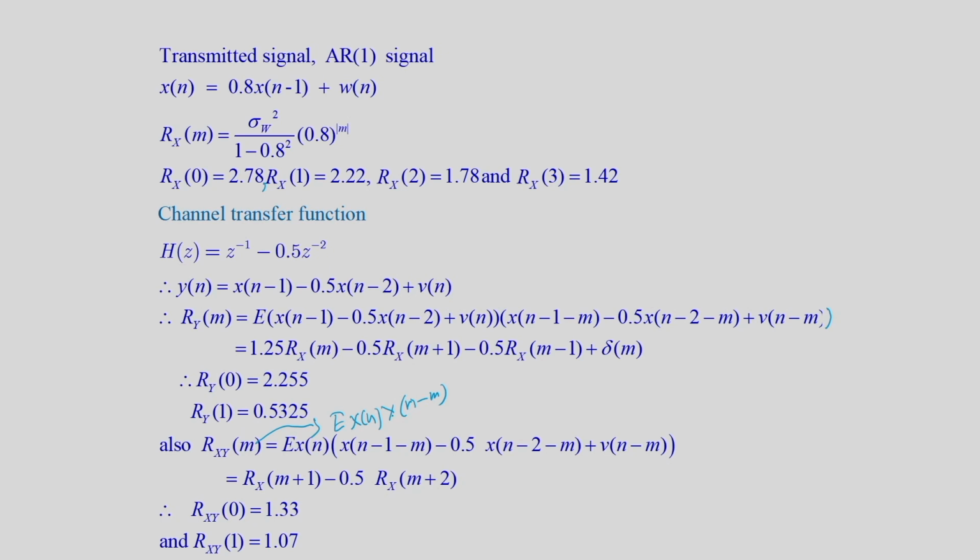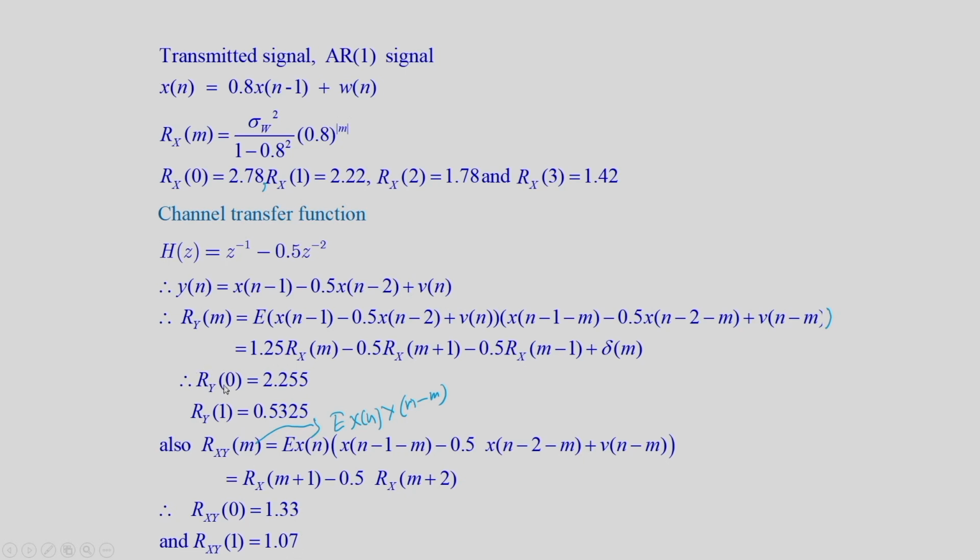If we substitute y of n minus m by this expression, we will get this result. So Rxy of m is equal to Rx of m plus 1 minus 0.5 into Rx of m plus 2. It means that Rxy of 0 is equal to 1.33, Rxy of 1 is equal to 1.07.